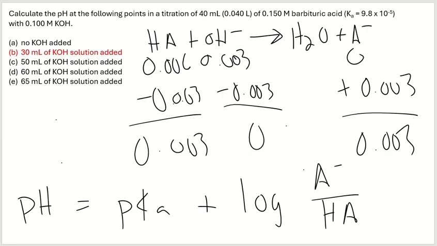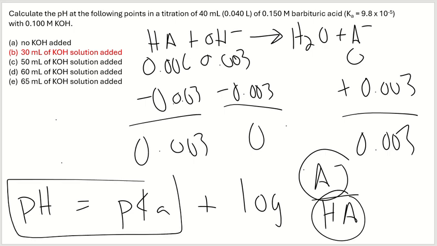And what's special about that is when you take A minus and divide it by HA, 0.003 divided by 0.003, you get 1. And the log of 1 is always going to be 0. So in this scenario, pH equals pKa.